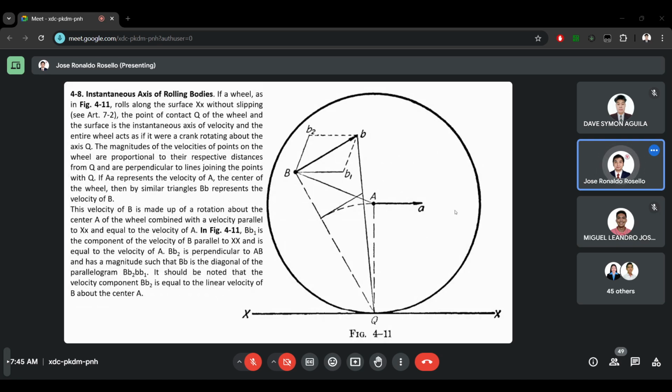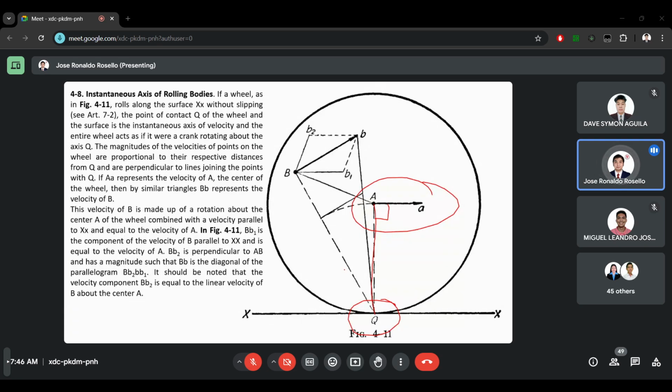So in the case of rotating equipment, we will have to assume that the contact of the rotating body with the ground will be the instantaneous axis. Then, if we have a given velocity A, this should be perpendicular to the line going to the axis.